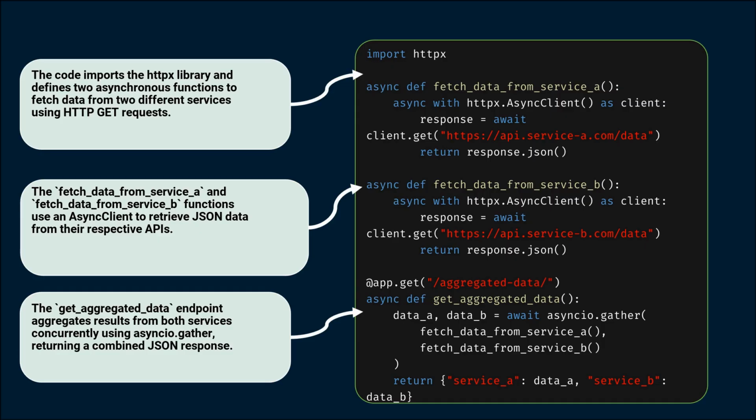Once we receive both responses, we'll return them in a structured format that encapsulates the results from both services. This approach exemplifies FastAPI's asynchronous capabilities, enabling developers to build high-performance applications that can handle multiple requests quickly and efficiently, making it perfect for modern web development scenarios.